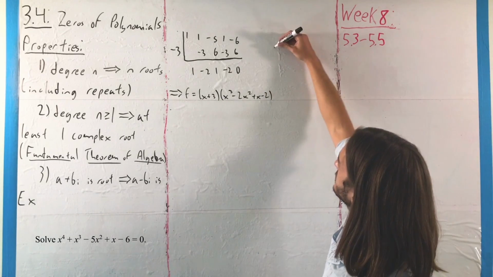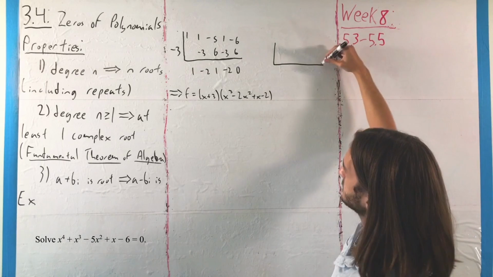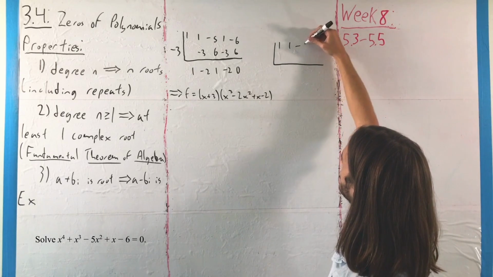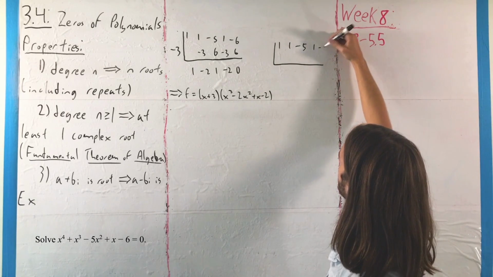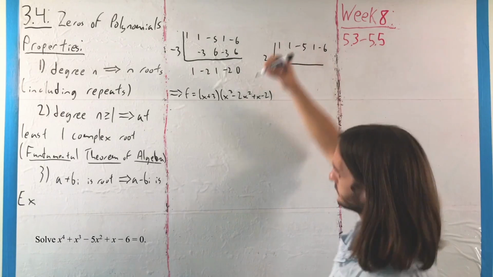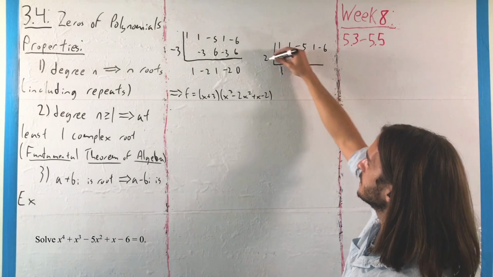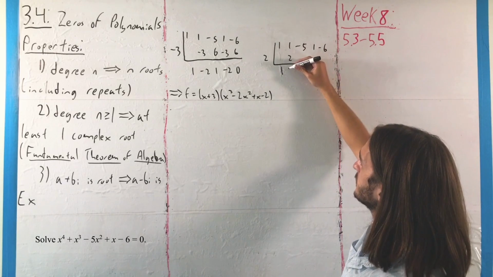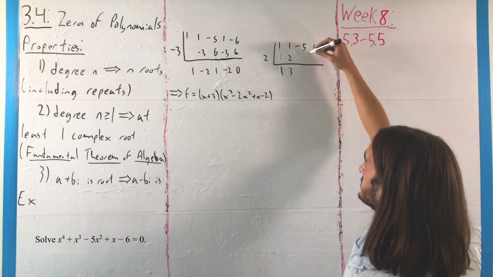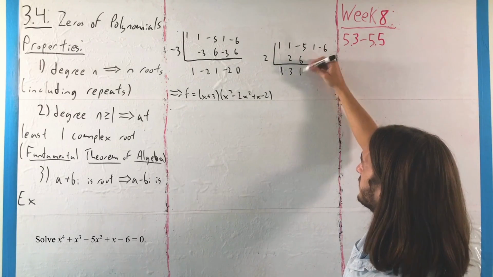Then in our other case, we have the same sort of setup on that first row, 1, 1, -5, 1, and -6. And here we're dividing it by x minus 2, so I'm going to put a 2 out there, pull down the 1. 1 times 2 is 2, pull down the 1, get 3. 2 times 3 is 6, pull down the -5, get 1.